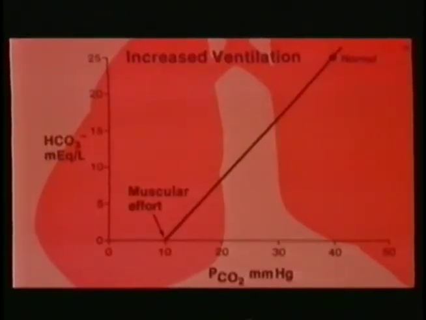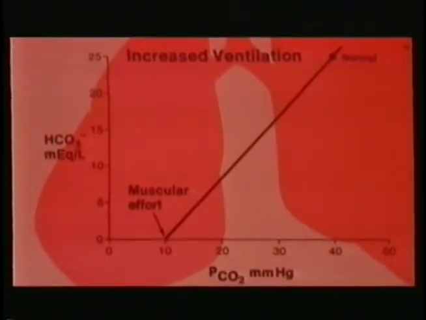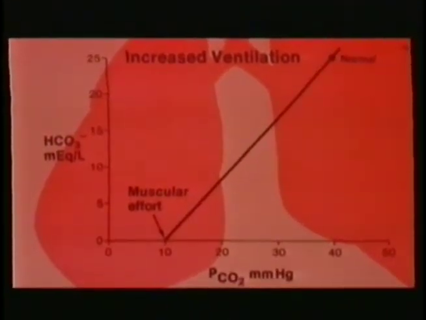Once carbon dioxide tension has been reduced to 10 millimeters of mercury, no further reduction is possible. Additional muscular effort would generate carbon dioxide as fast as it could be removed.